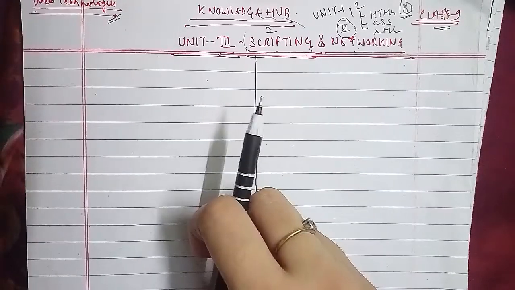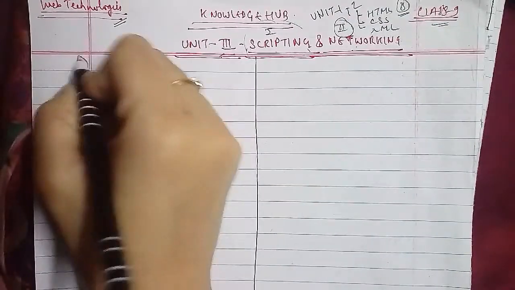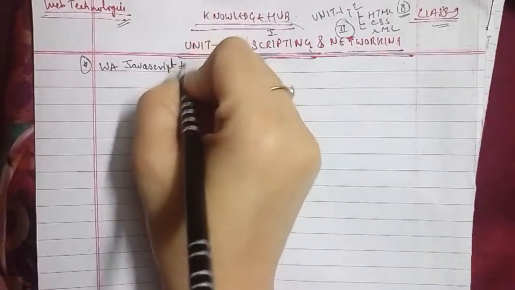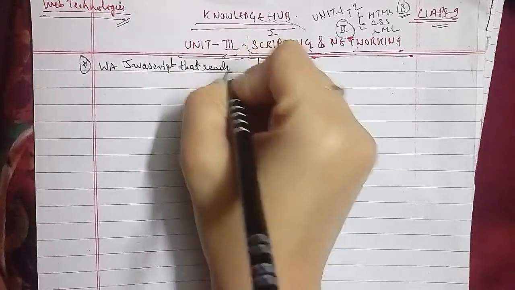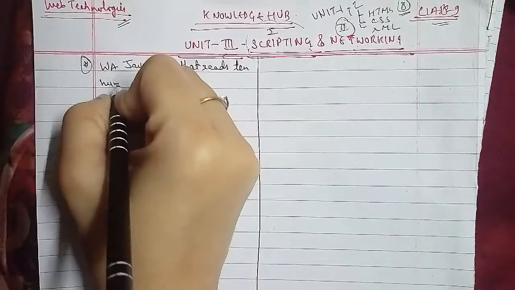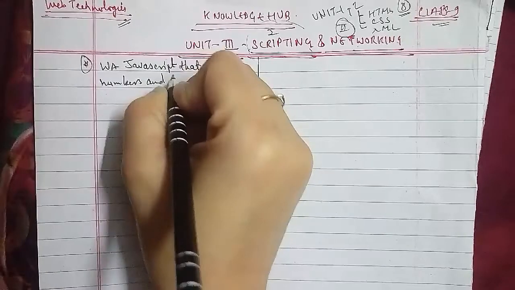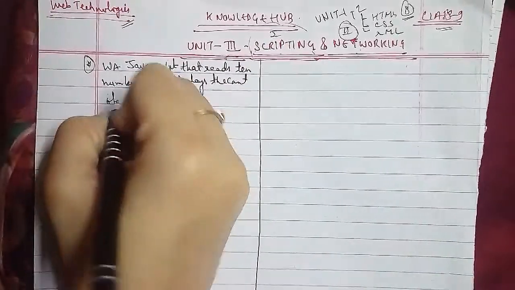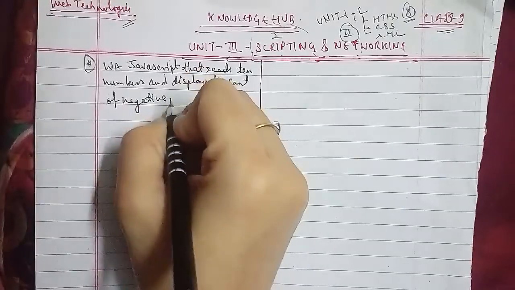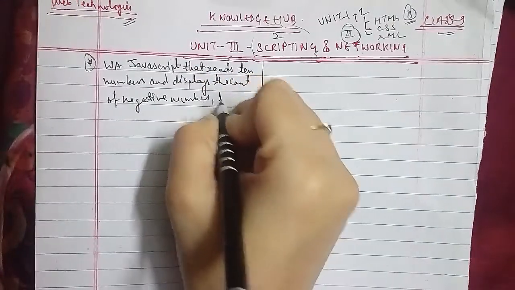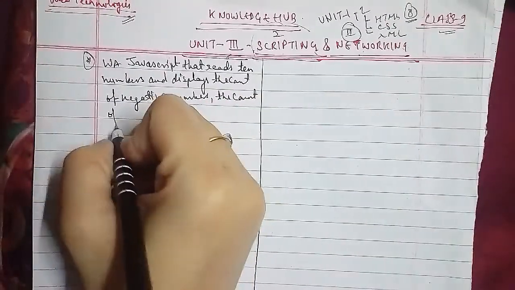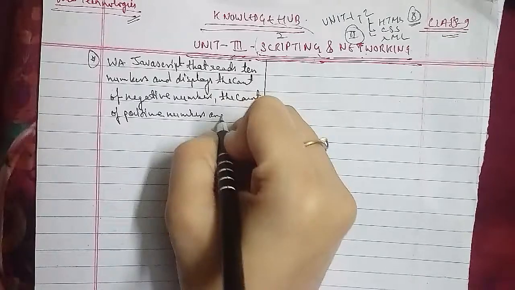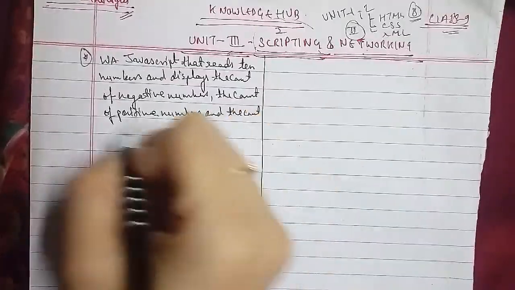So these were sort of long programs. We're going to write a JavaScript that reads 10 numbers and displays the count of negative numbers, the count of positive numbers, and the count of 0 from the list.